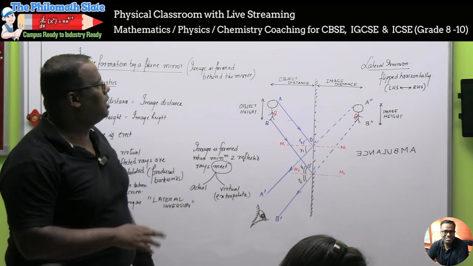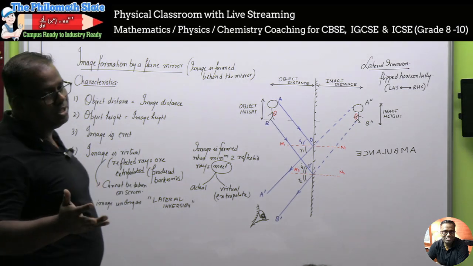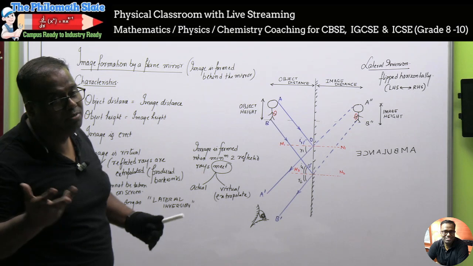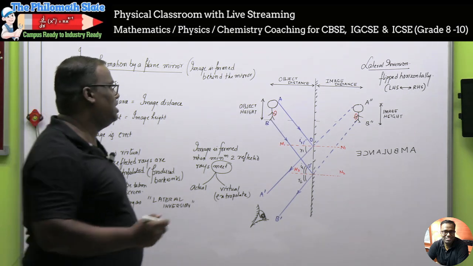ठीक है, so coming to some, they may ask you some letters of the English alphabet which do not have any impact of lateral inversion. So let's see those letters.